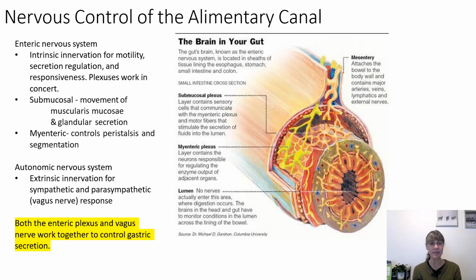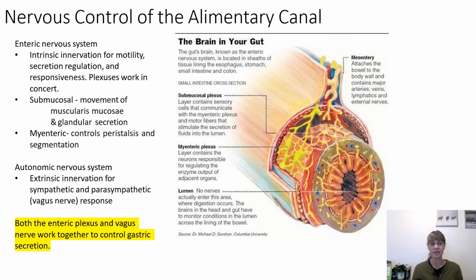There are two networks involved in the enteric nervous system, sometimes referred to as the brain within the gut, and those include the submucosal plexus, which regulates movement of the muscularis mucosae, as well as glandular secretion, and the myenteric plexus, which controls peristalsis and segmentation.